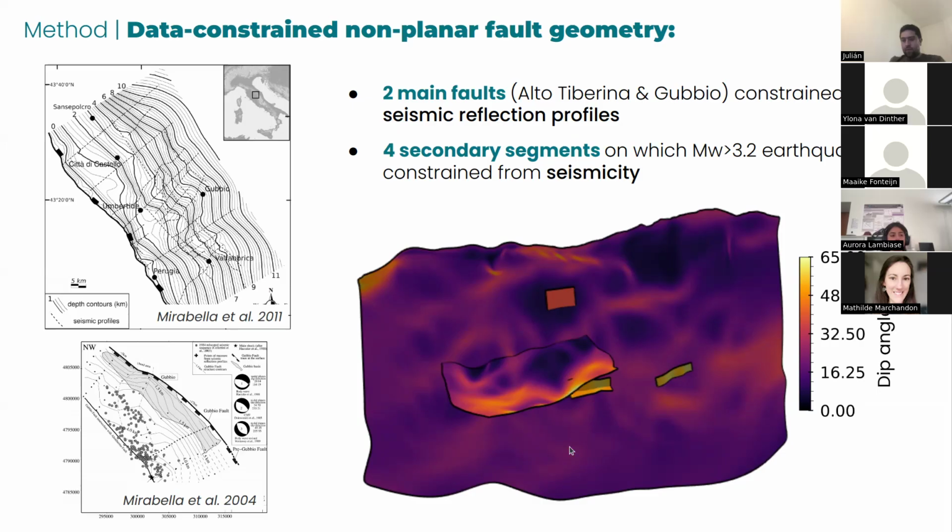We also include 4 secondary segments in the simulation on which moderate earthquakes, I mean magnitude 3 earthquakes, have occurred in previous years, and for which the geometry is constrained from seismicity, because we have a very precise earthquake catalog in the area thanks to the Taboo near fault observatory.